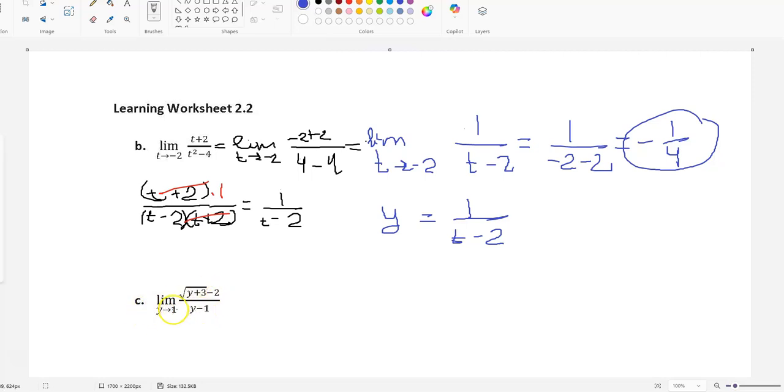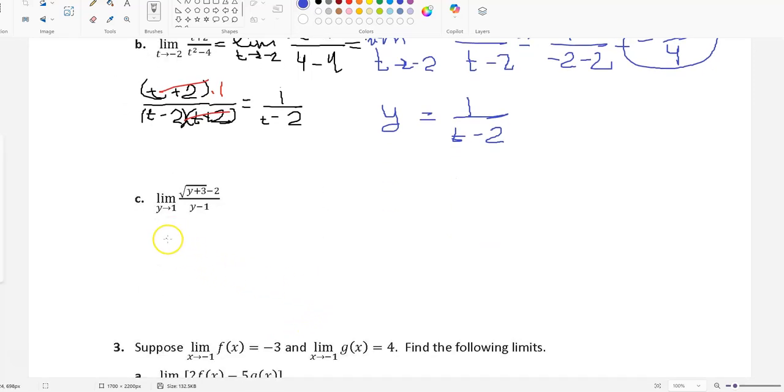Now, what happens here if we plug in 1? We will have square root of 1 plus 3, which is square root of 4, which is 2, minus 2, 0, and 1 minus 1, 0. So again, we have a situation 0 over 0. So we need to work on this rational expression.